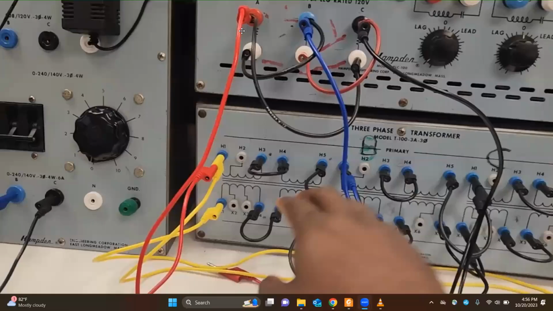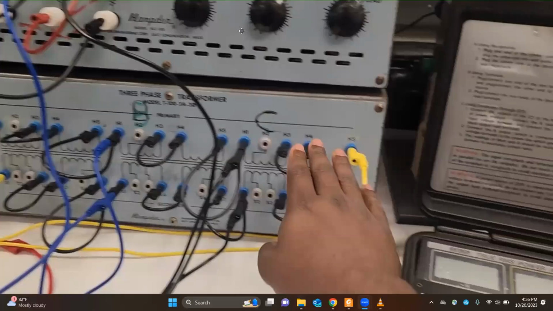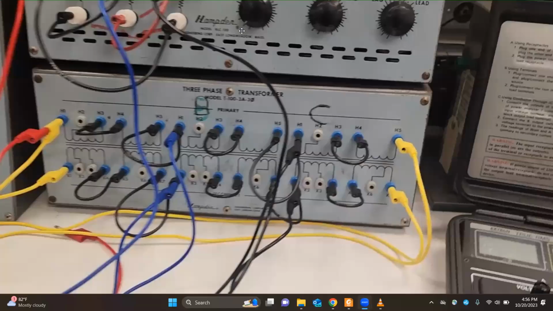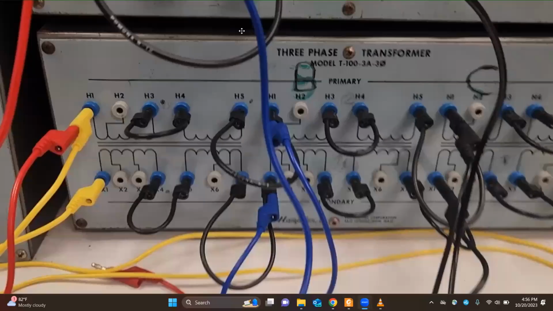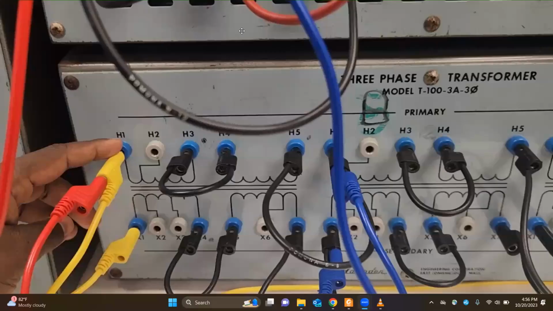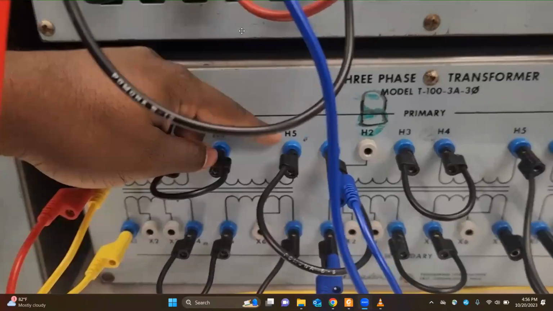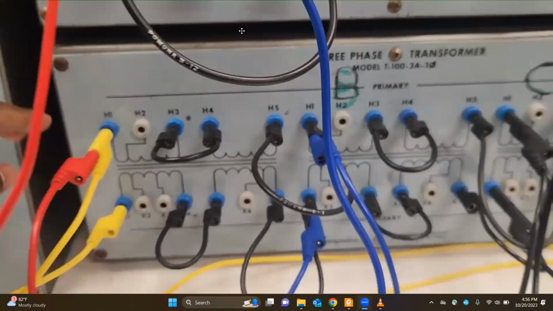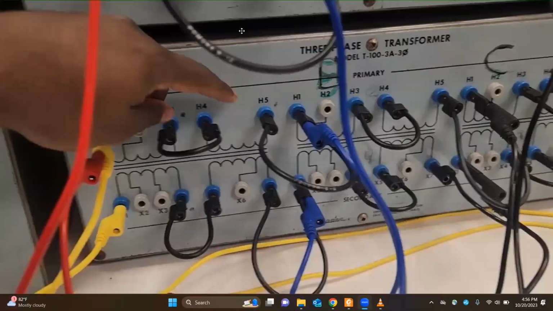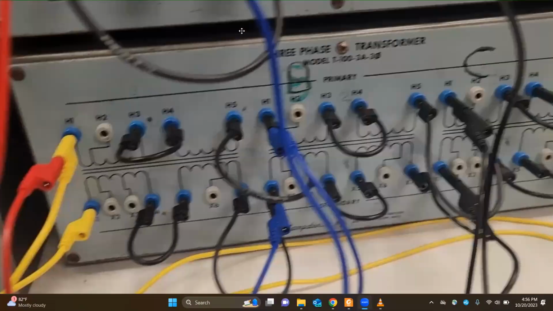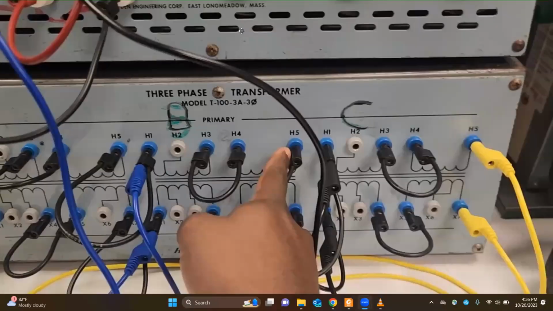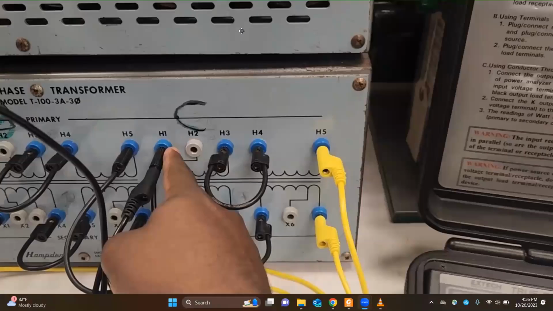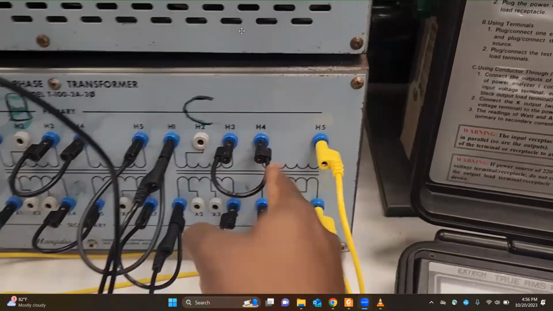So this is phase A, this is phase B, and this is phase C. Looking at phase A, the primary side first, the starting point is H1 and the end point is H2. I'm going to call this A and this A prime. For B, it will be B and B prime. This is C and C prime.